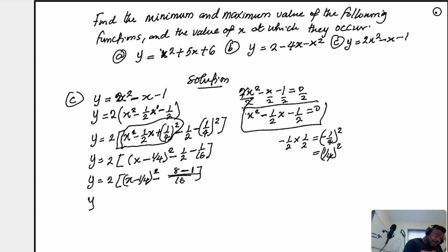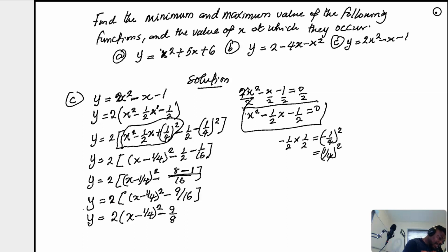So y is equal to 2 bracket x minus 1 over 4 squared, and this is minus 9 over 16. Now we can use the 2 to open the bracket. So y is equal to 2 bracket x minus 1 over 4 squared, minus 2 times 9 over 16, that is 9 over 8.